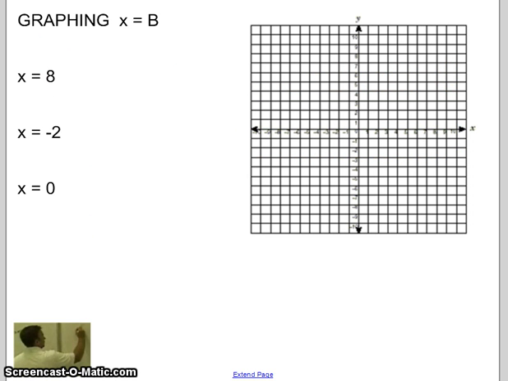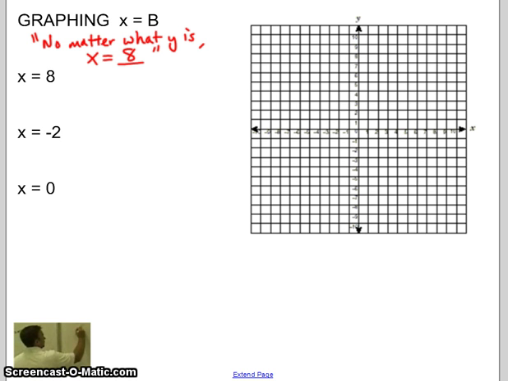With x equals, and there's no y, if y equals is a horizontal line, x equals is a vertical line. Again, this is no matter what y is, x equals whatever. In the first case, it's x equals 8.